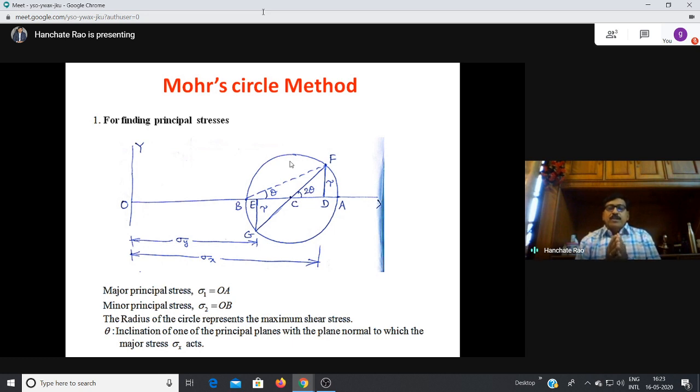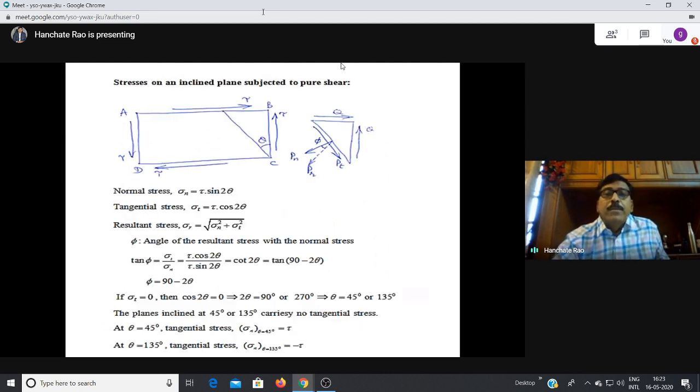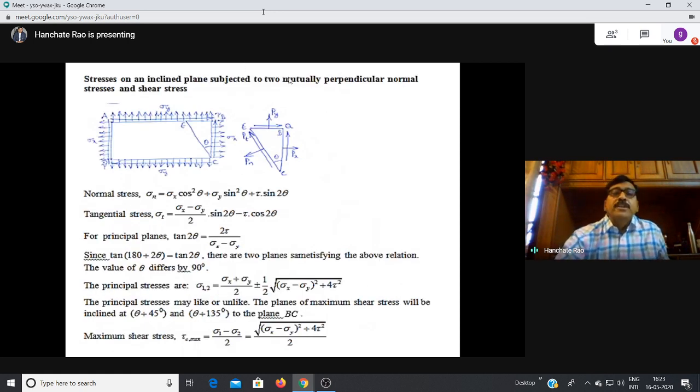So before proceeding, I will once again explain the procedure for drawing the Mohr circle. So just see our problem. This block is subjected to a horizontal stress sigma x, a vertical stress sigma y, and the shear stress on all the 4 planes. I want to draw the Mohr circle for this case and find out the principal stresses sigma 1 and sigma 2, and also their location.